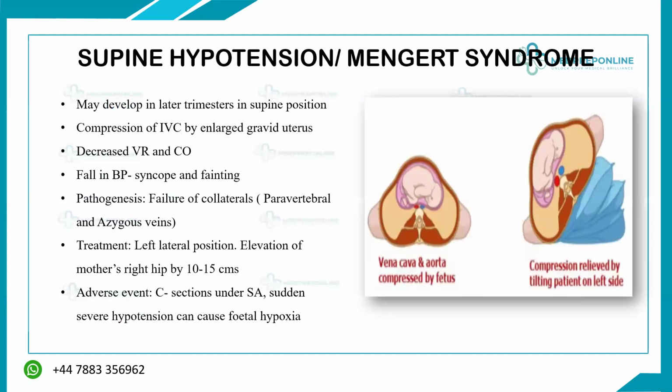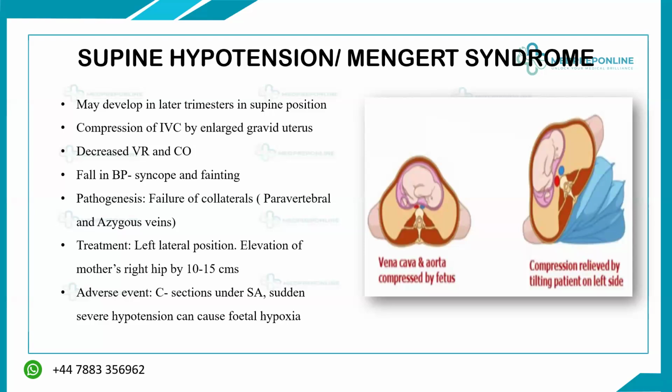Now coming to a very important part of the cardiovascular system, the supine hypotension syndrome, which we also call the postural syndrome, or the Menger syndrome, or inferior vena cava syndrome. So basically what happens is, because of the growing fetus as well as the weight of the gravid uterus, this presses onto the inferior vena cava, against the spine of the woman when she lies in the supine position.